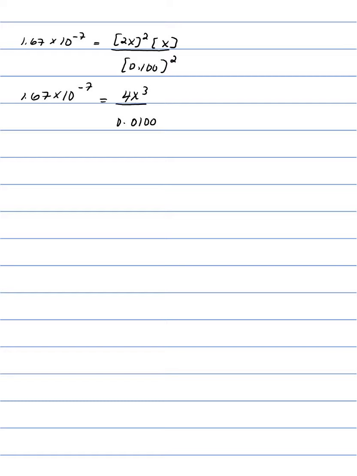And now we have to do 1.67 times 10 to the minus 7 times 0.01. That will be 4x cubed. Divide by 4 on both sides. That will cancel the 4, and now you have x cubed. Let me get how much that is.